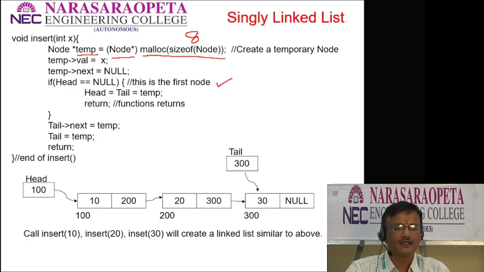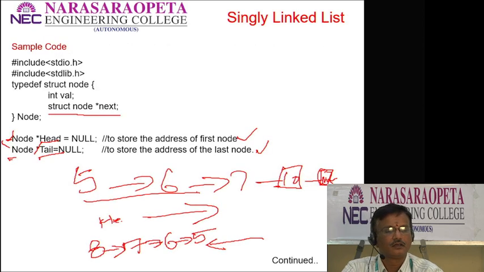Head is null, so if head is null, what I am doing is head equals tail equals temp. So I have created a node whose address is 100. Here, initially instead of 200, there will be null. And I am storing this 100 into both the pointers, head and tail.